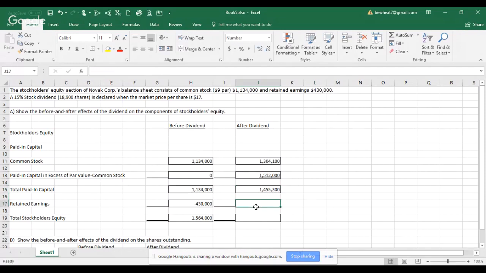Then for our retained earnings, we have to take our original 430,000 of retained earnings and subtract out of that these shares here, our new dividends, 18,900 shares at 17. So 18,900 times 17 gives us 321,300. 430,000 minus 321,300 gives us 108.